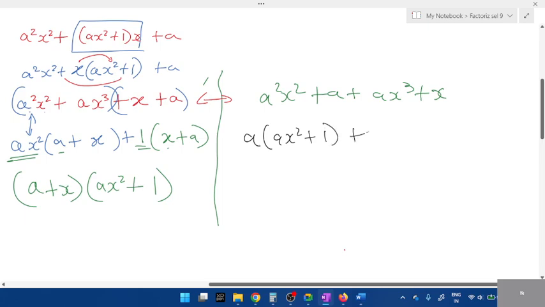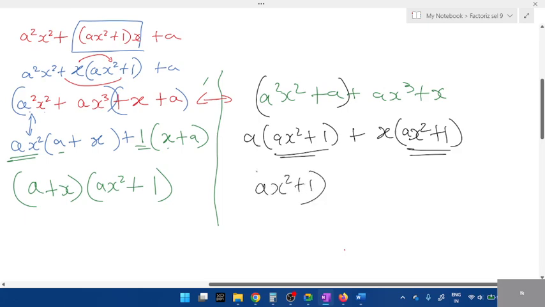Put the first sign plus. What is common to them? X is common. What do you get when you divide? A. All of you will respond. What is common, students? Ax square plus 1. Can you see the brackets are same? Are the brackets same? So ax square plus 1 into what's the remainder? What is left?